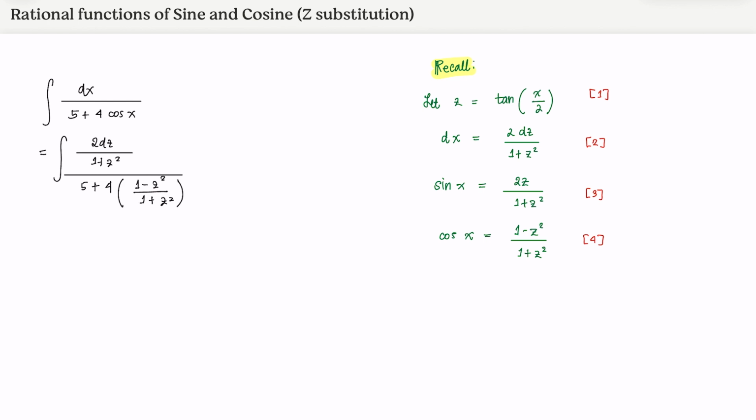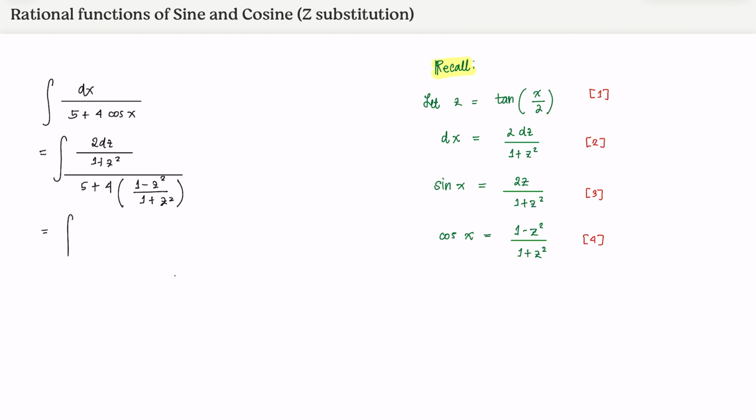Now we have converted everything in terms of z. Originally we were dealing with terms of x, and now our integral is expressed in terms of z. So that's basically the gist of z substitution.